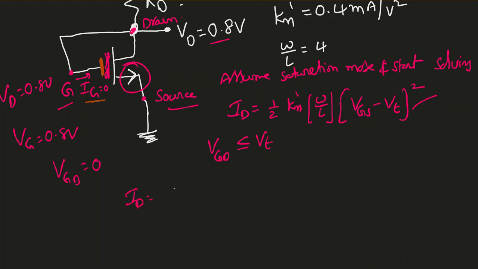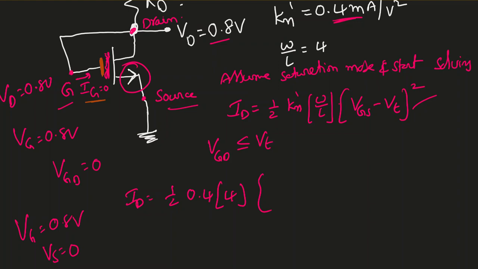So ID equals half times Kn prime, which is given as 0.4 milli. Let me take ID as a milliampere, so I can pull that out, times 4. Now VGS: I have VG equal to 0.8 volt and VS equal to 0 because the source is directly grounded.